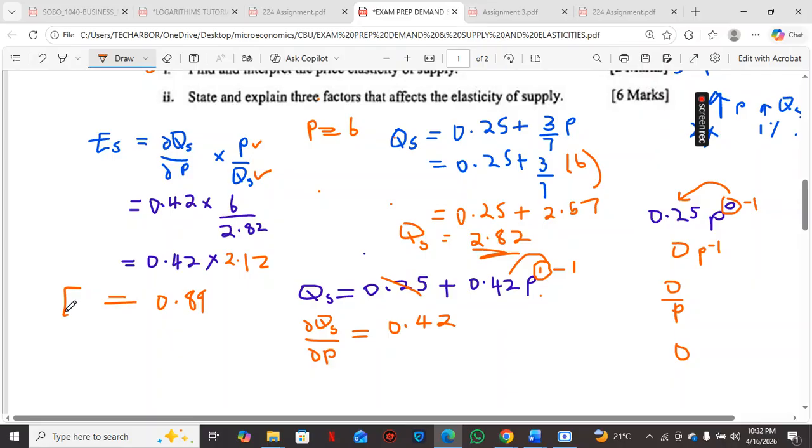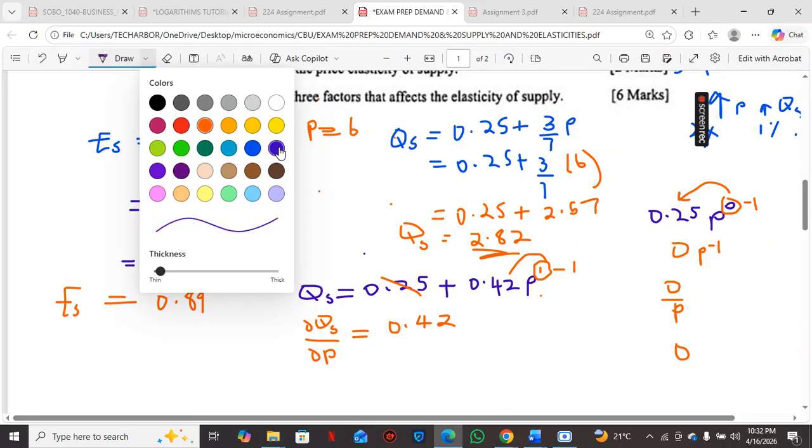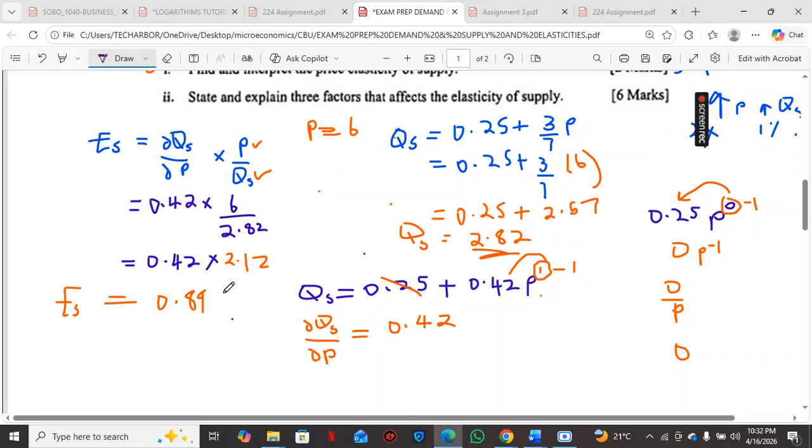Our price elasticity of supply is 0.89. And since this 0.89 is less than 1, because every time you answer, you're always going to compare it with 1, colleagues, okay? Above 1, elastic. Below 1, inelastic. So here, supply is inelastic.